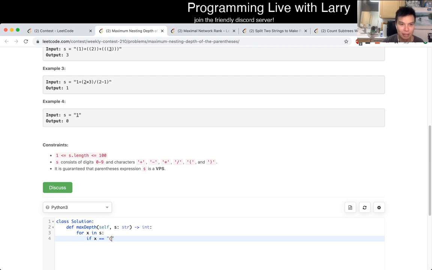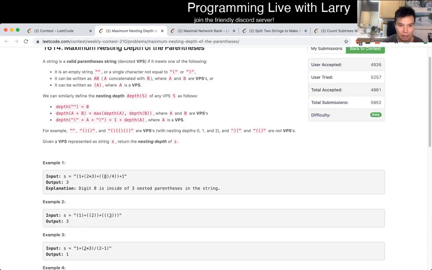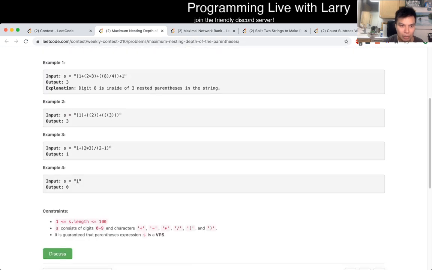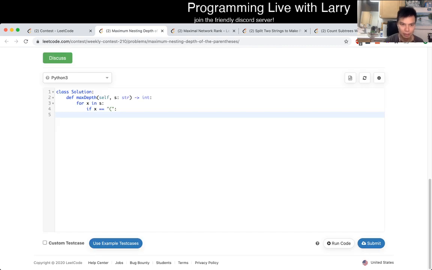It's max nesting tab, right? Why is this 2 and the 3 underscored? I'm really confused a little bit, but okay.